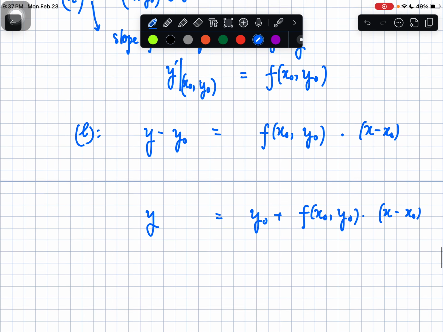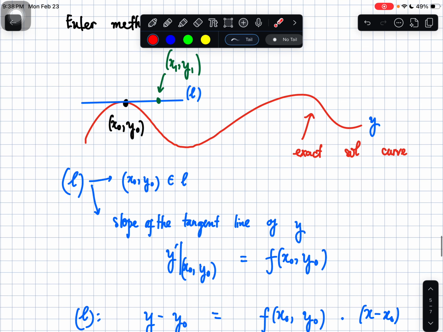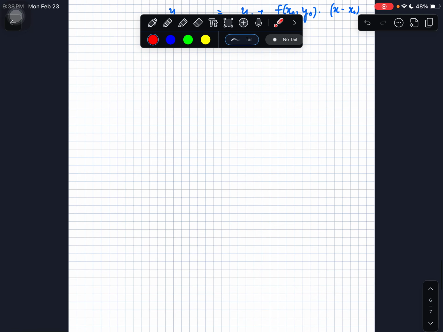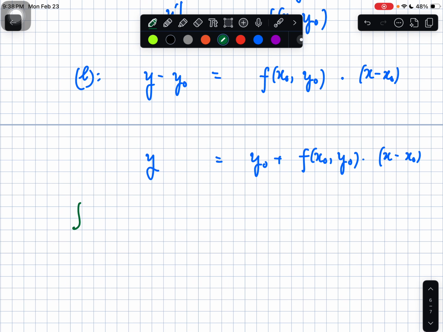And because now we want to approximate the points on the curve by the points on the tangent line, our first point, say (x1, y1), is the first point we approximate.